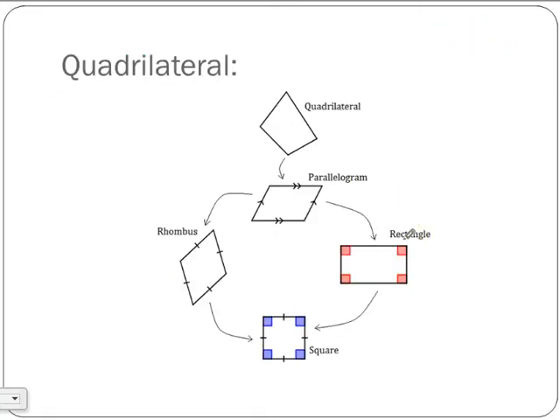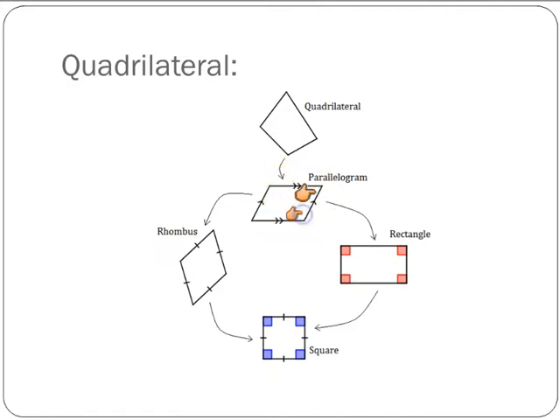Alrighty, let's start talking about quadrilaterals. That's what we're here for this unit 3. So a quadrilateral we know is anything with 4 sides. And then last week we learned about a specific type of quadrilateral, which is a parallelogram. And remember, a parallelogram has opposite sides that are parallel, opposite sides that are congruent.